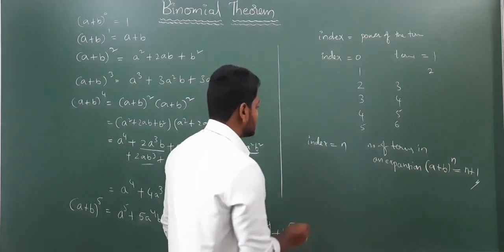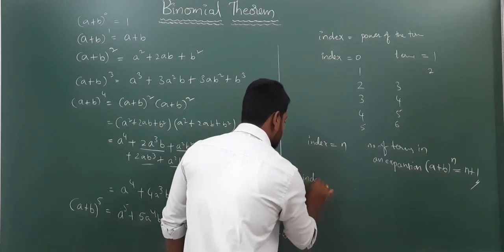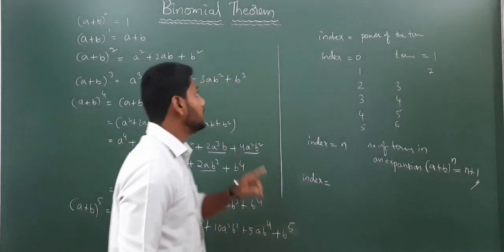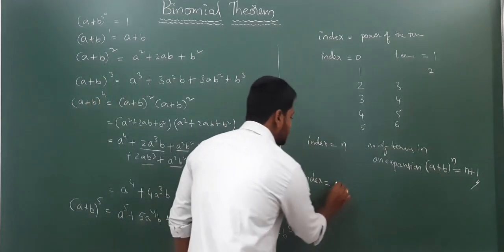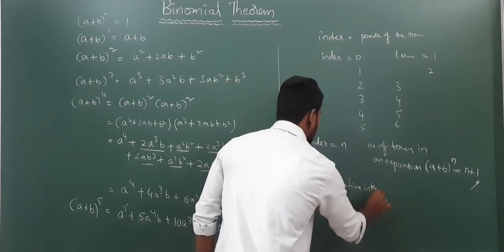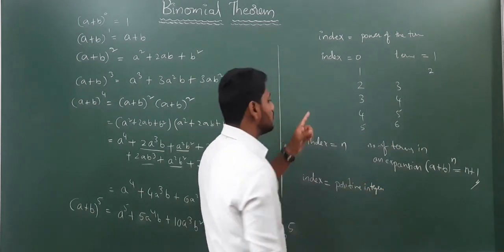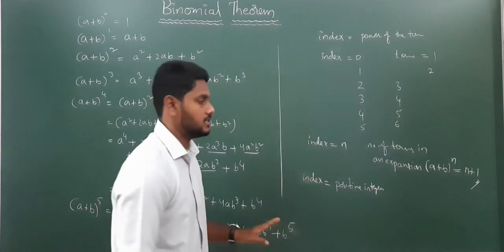Here one thing you need to consider, in that index by using binomial theorem or binomial expansion, that index should be a positive integer. Here 0 also you will consider. Including the positive integers, 0 also you will consider.